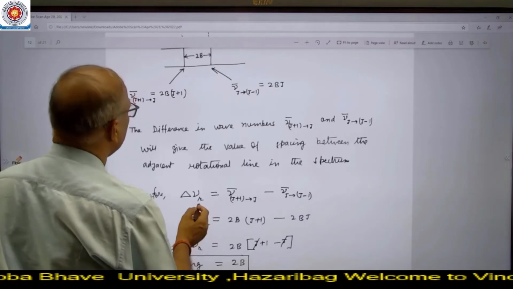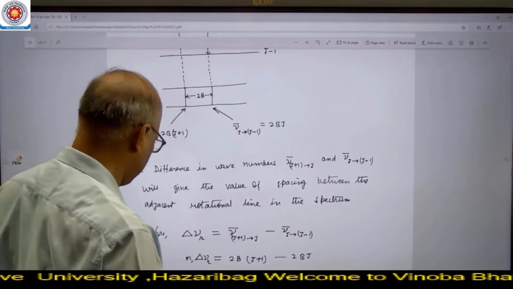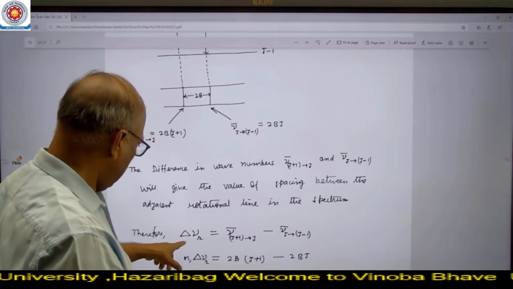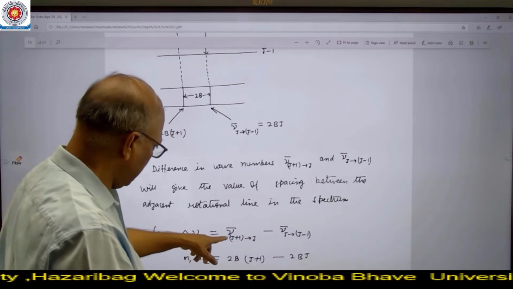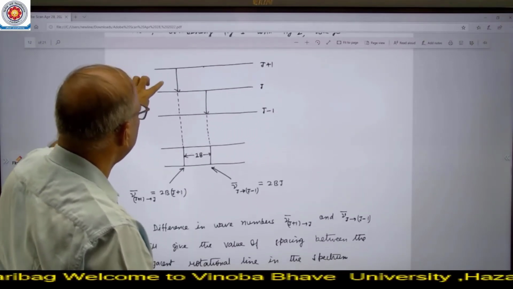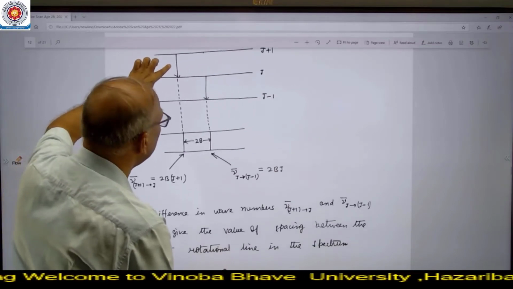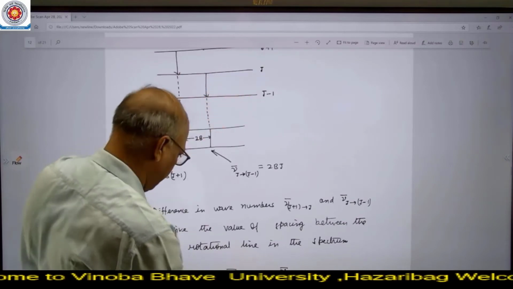This is the expression for taking the difference. Delta nu bar is equal to nu bar for J plus 1 to J, and the other is from J to J minus 1.